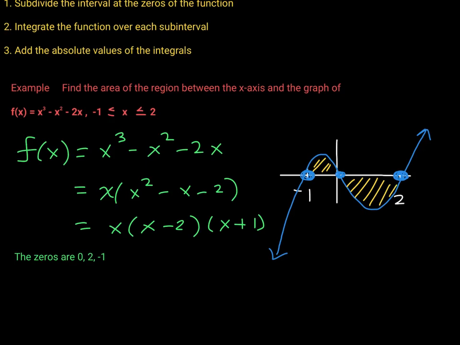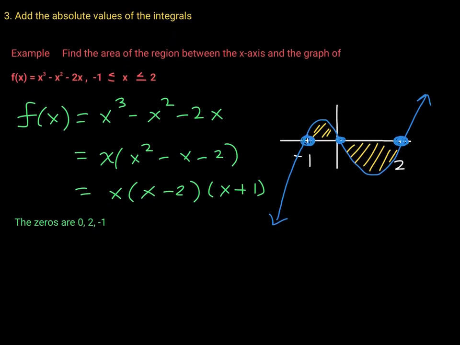So please see that we have two subintervals here. We have the interval from -1 to 0, and then we have the interval from 0 to 2. All right, so let's evaluate these integrals.